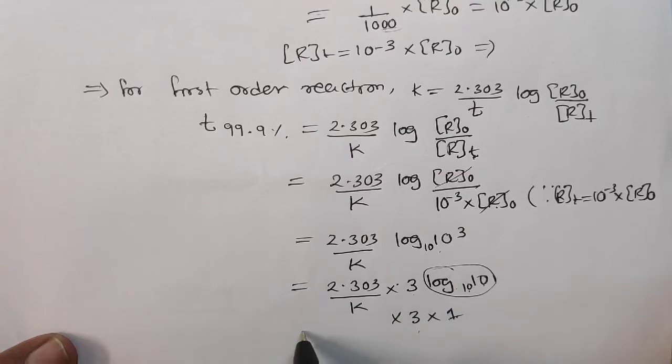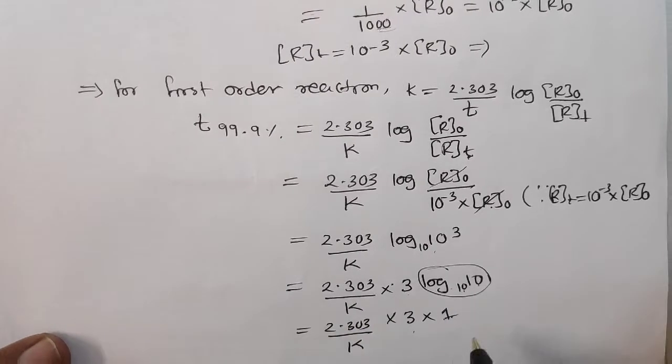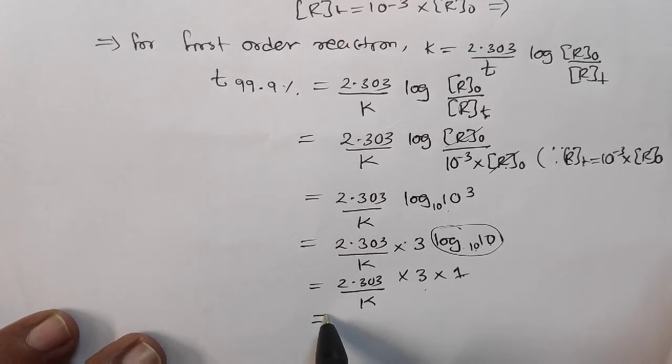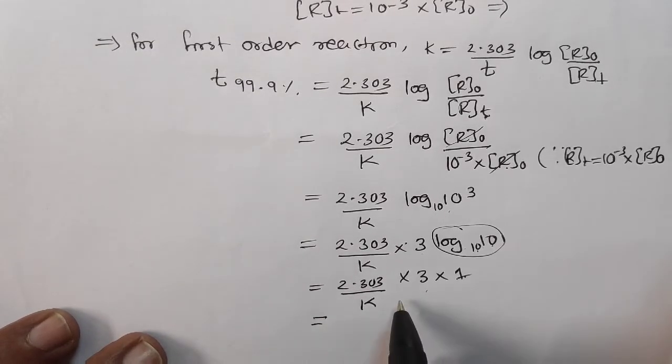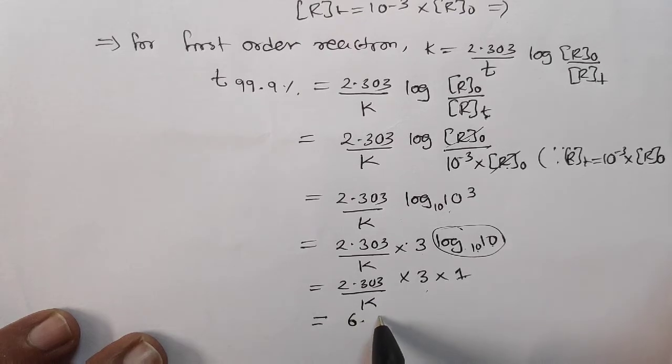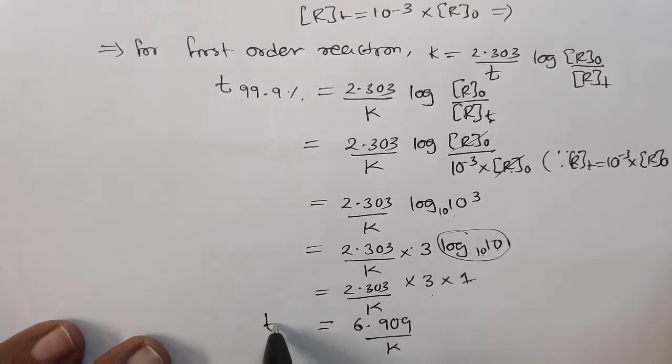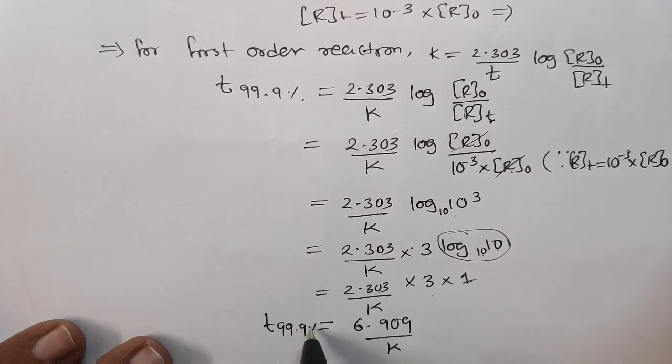So 3 into 1 and 2.303 by k. Okay, we will multiply this. It will be 6.909 by k. Okay, that is t 99.9%.